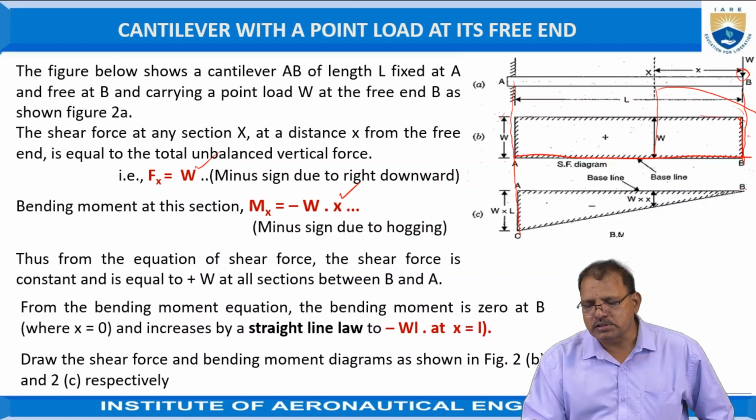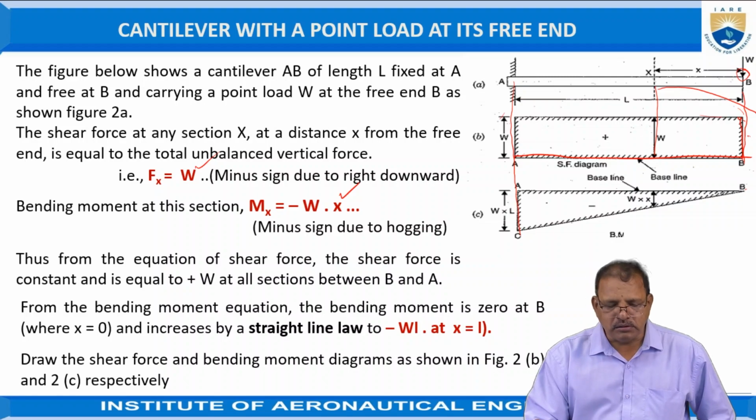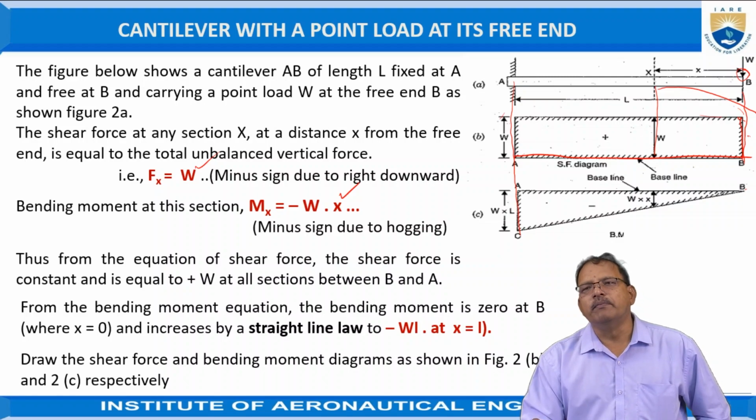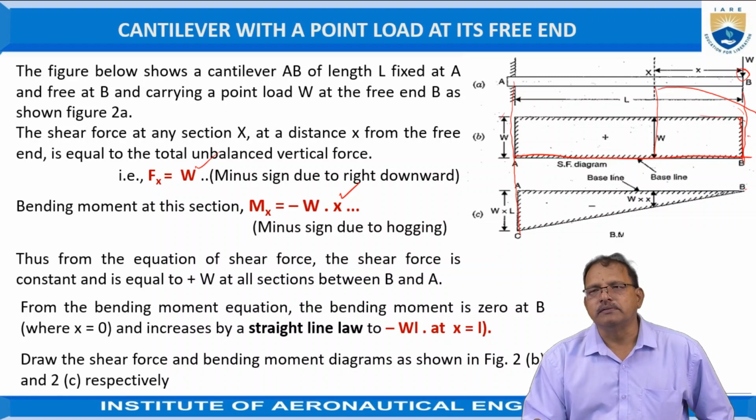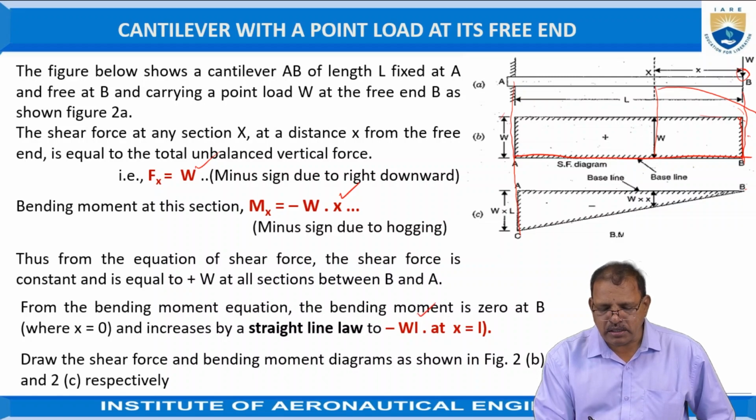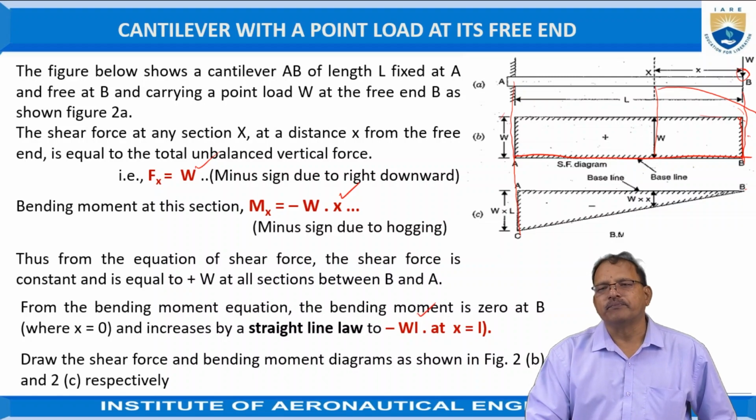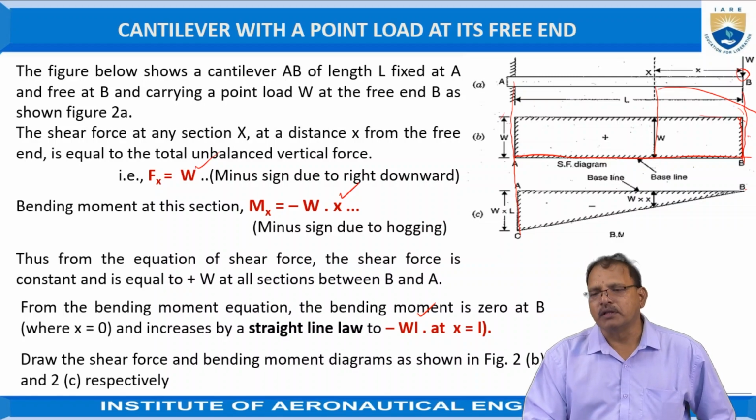Since there are no other forces acting between B and A, the bending moment at A is represented as Mx, but X is equal to L, hence it is represented as minus W into L. That is, the bending moment gradually increases in the form of inclined straight lines from B to A, as shown in the figure.